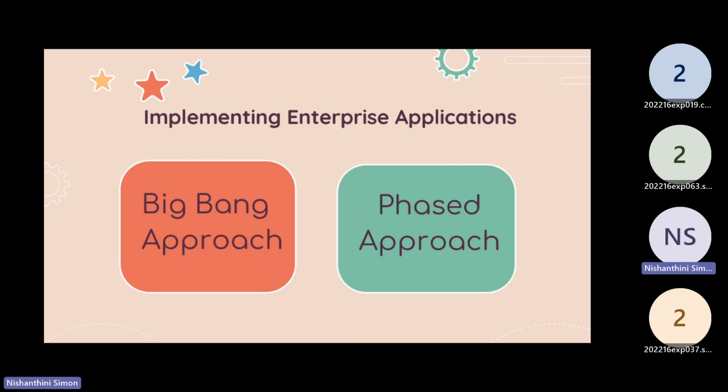So when we consider the big bang, what's going to happen? Here, maybe we have a manual system, or a legacy system we keep using. And now we have done this re-engineering and everything, and we are planning for a new system. So if we are following the big bang, we set a date, maybe July 1st.